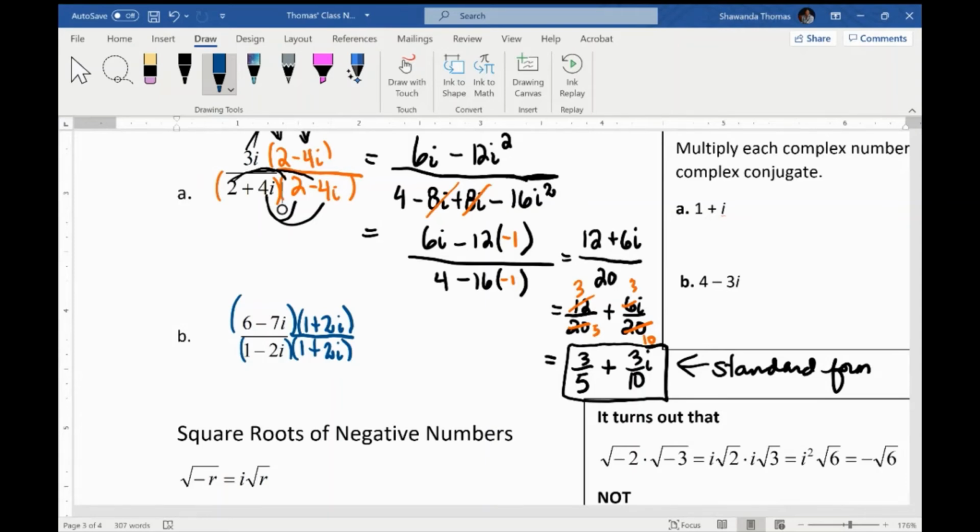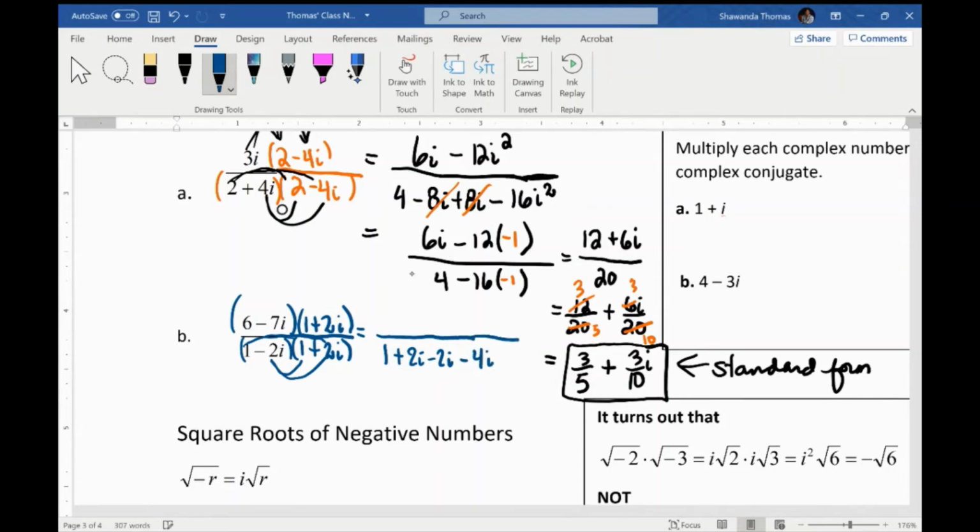Let's focus on the denominator. 1 times 1 is 1. 1 times 2i is 2i. Negative 2i times 1 is negative 2i. Negative 2i times 2i is negative 4i squared.